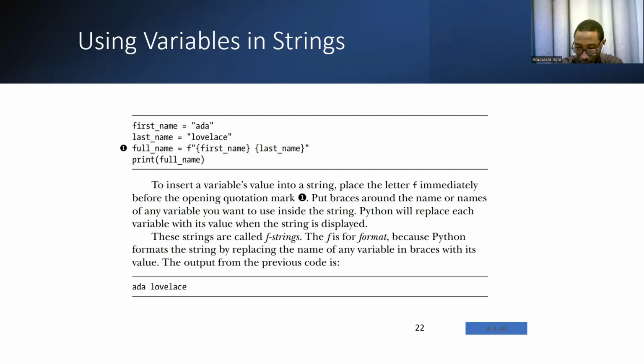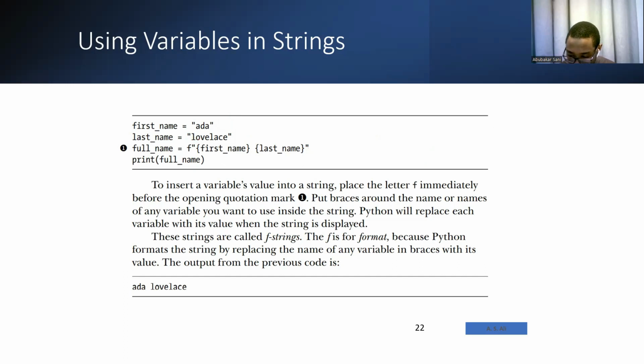So here we use something called f string. F string is used to make combinations of strings. So we have the first string Ada and we have second string Lovelace. Okay. So f string will allow us to do some formatting. So when we do this, wherever you see the braces like this inside the quotation marks, then this is going to hold a variable. So remember, first name here is Ada.